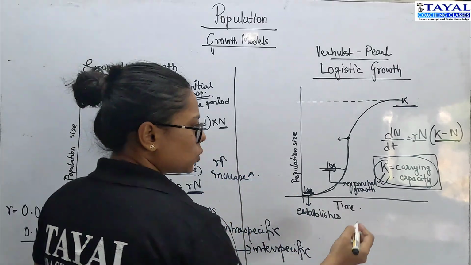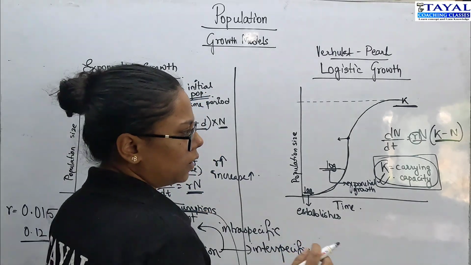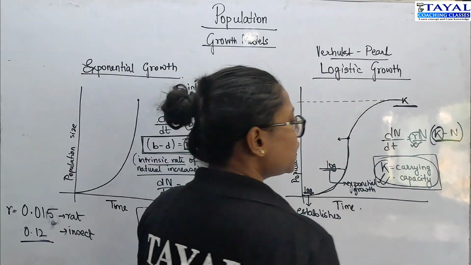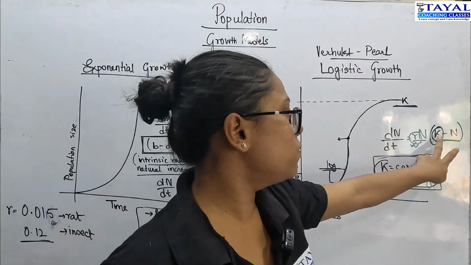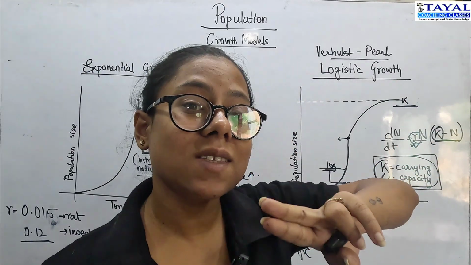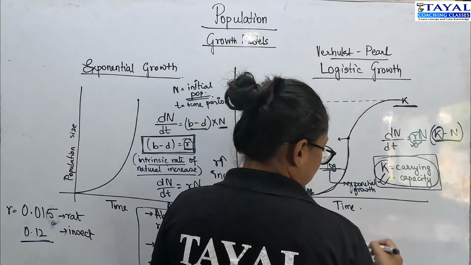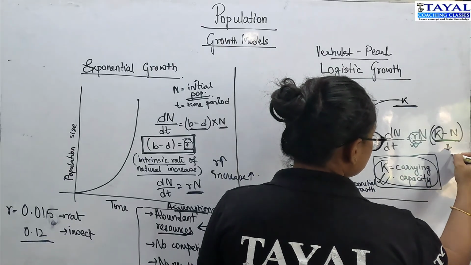But in this case, to keep a check on R, we have K. So even though the intrinsic rate of increase is high, if the number is very close to K or is equal to K, if K equals N, then this becomes 0.